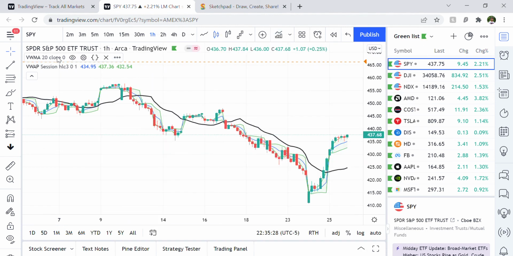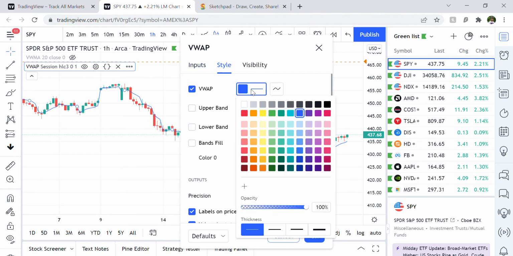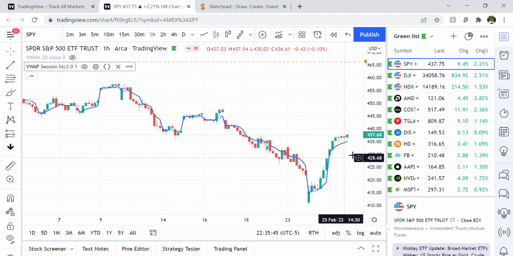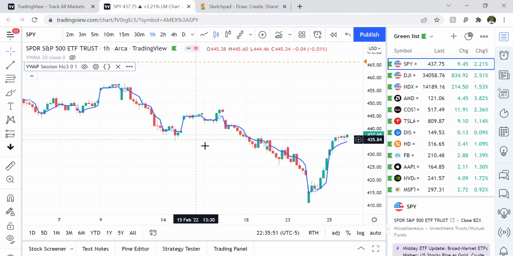If you see here, I will just hide my VWMA, and on the VWAP I will just do the settings so that you see only the VWAP. Okay, and we'll make this line bold. So if you see, the VWAP moves along with the price of that particular stock or ETF, and it's more in the step format.